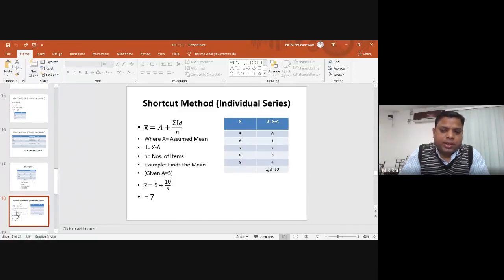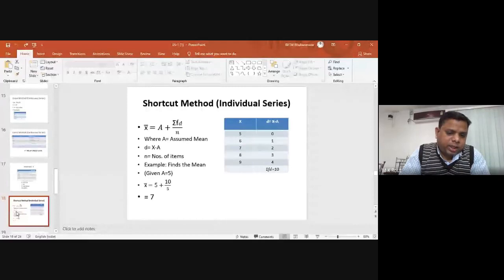The third row is 7 minus 5, that equals 2. I repeat, here a equals 5 is always given in the questions. The fourth row is 8 minus 5, that equals 3. For the last row, 9 minus 5 equals 4. So if you calculate this, summation of fd equals 10.